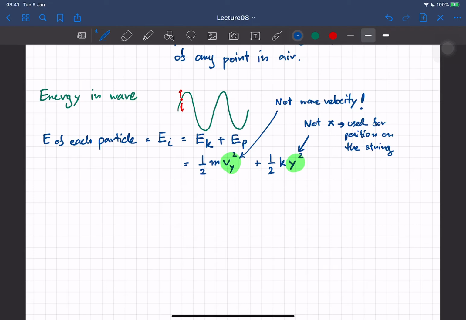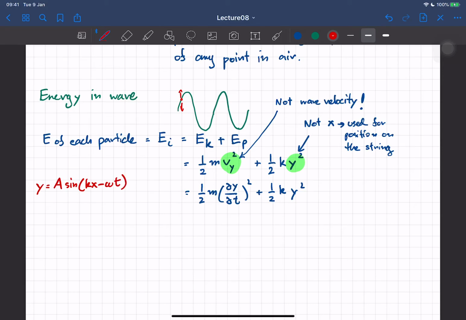Well, this is the hard part, which we already did, the setup of the energy, because the rest is just what we had earlier: 1/2 m, what is vy? vy is dy by dt, the whole thing squared, plus 1/2 ky squared. And what is y? Well, y is the wave function that we had earlier, A sine(kx minus omega t).